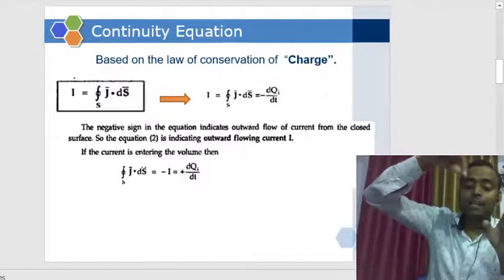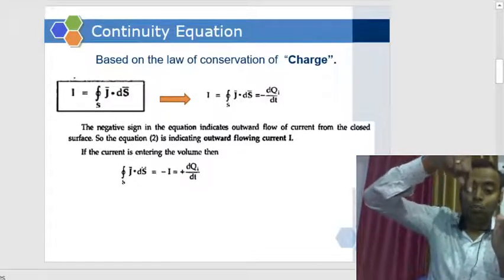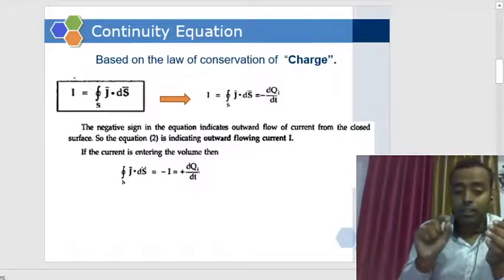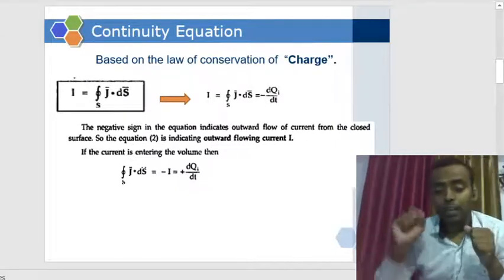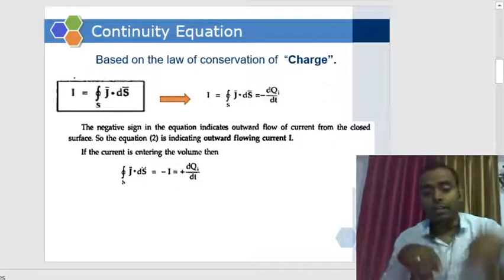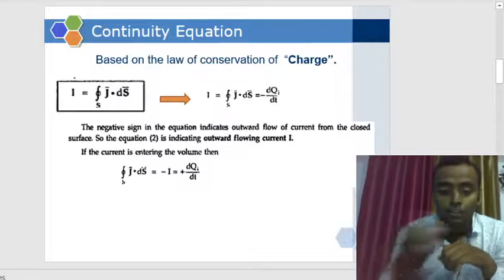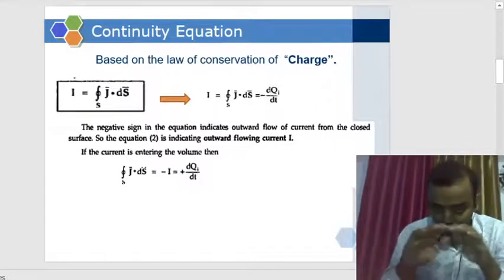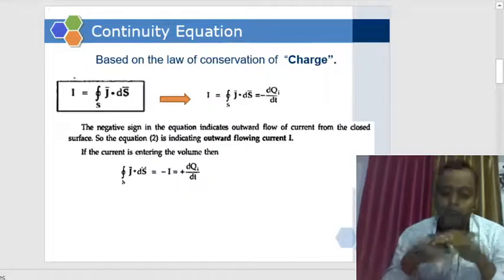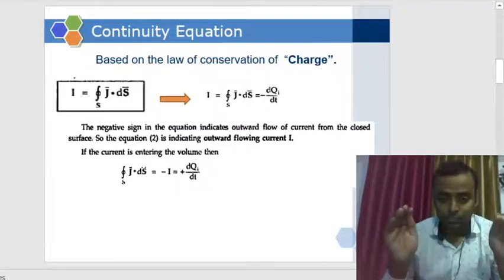What is happening to maintain the equilibrium? If the current is entering, we just saw that for outward flow we used the negative sign, so for entering it will be the positive sign, isn't it? Suppose that current is entering that volume through that surface.